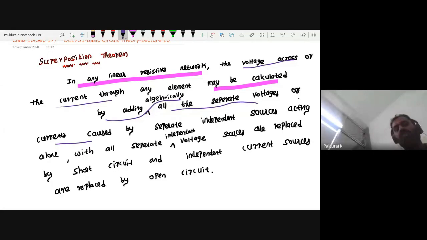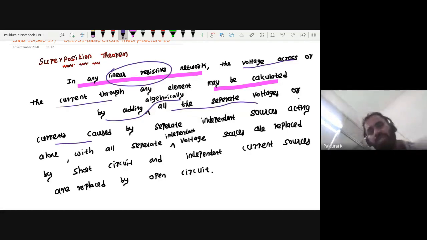This is only applicable for linear resistive networks. You replace voltage sources by short circuit and current sources by open circuit.